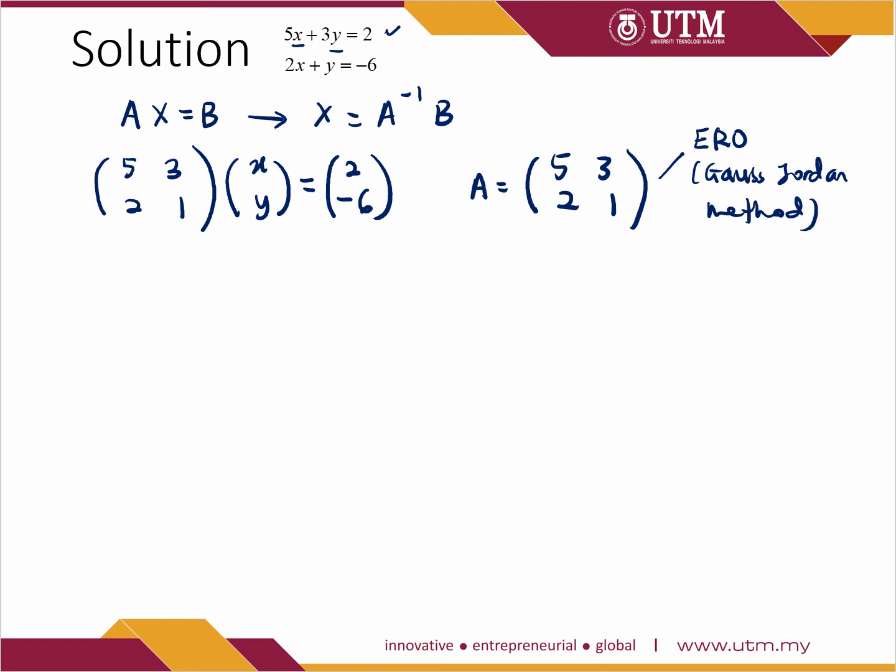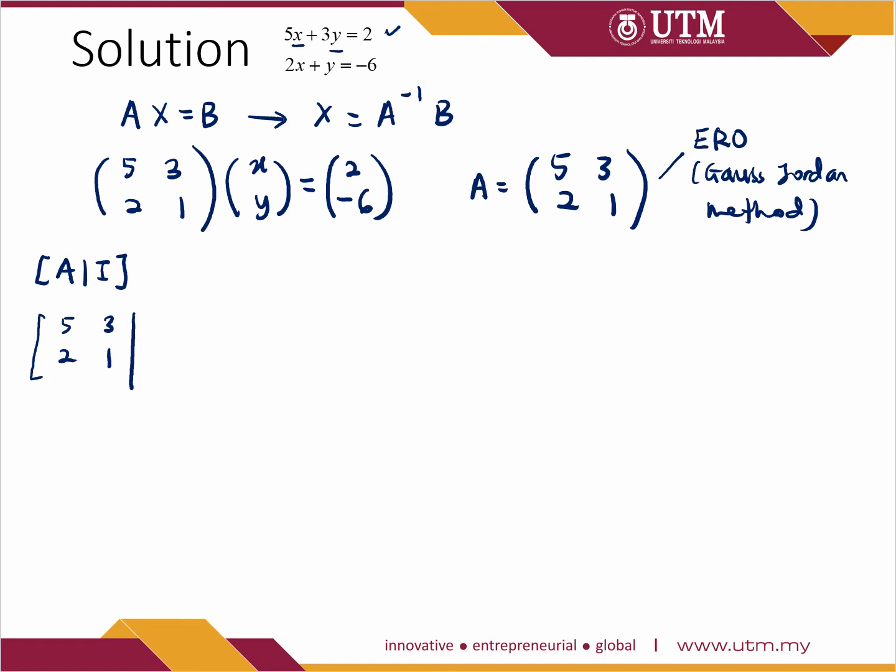Using the ERO method, you have to write the augmented matrix of matrix A and the identity matrix. Our matrix A is given as 5, 3, 2, and 1. Therefore, our identity matrix will be a 2 by 2 matrix since our matrix A is 2 by 2.